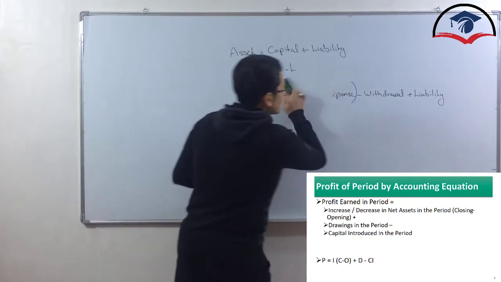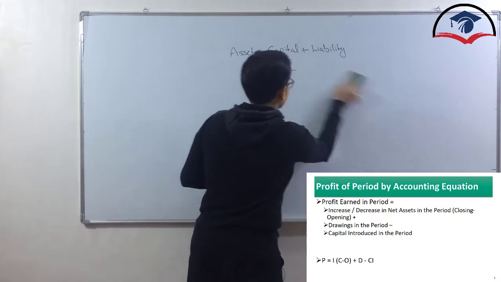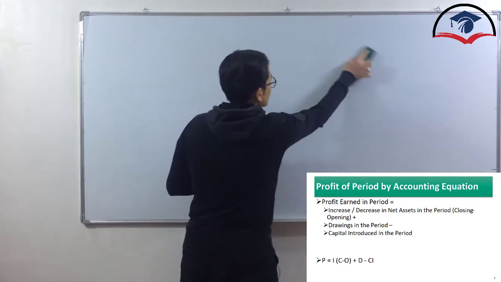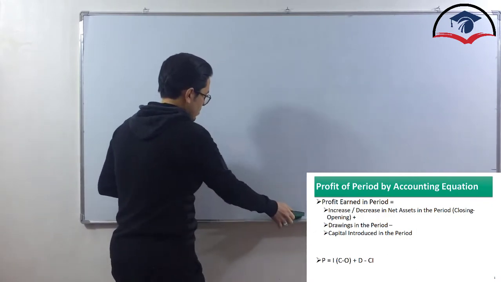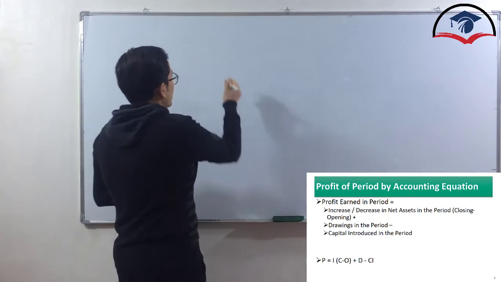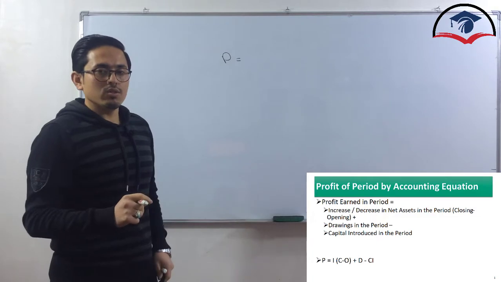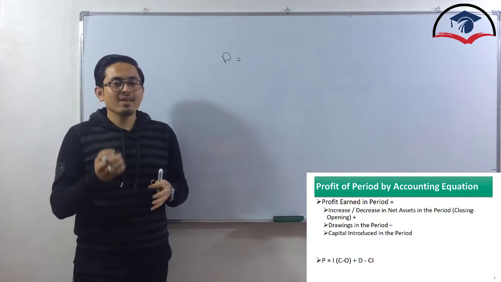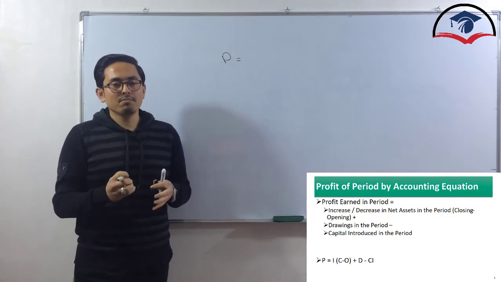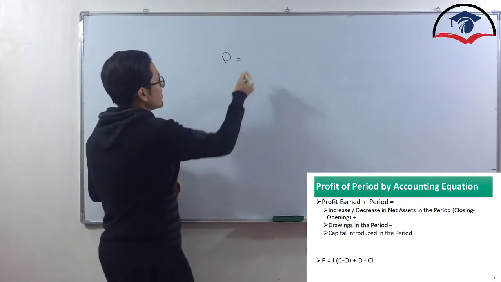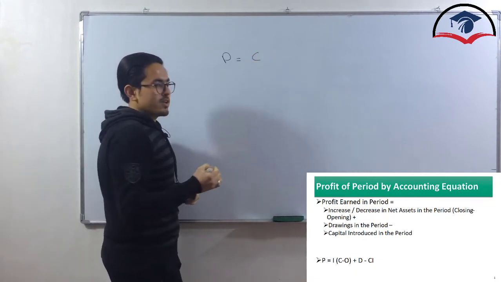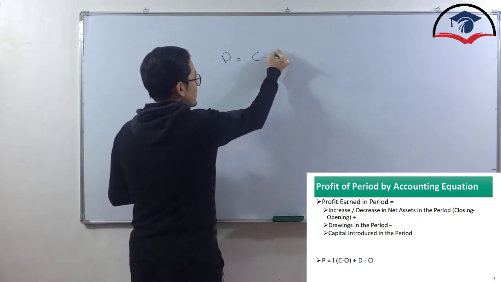which is: the profit of the business is equal to the changes in capital of the business. For the changes, we can say closing balance of the capital minus opening balance.